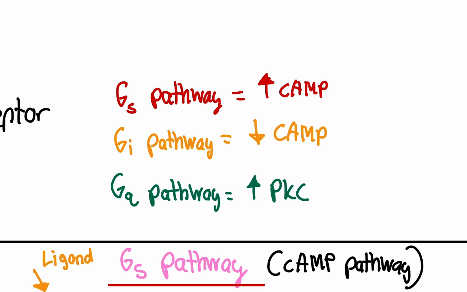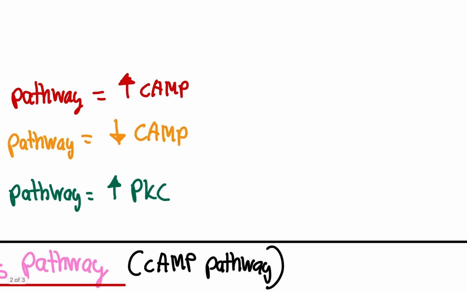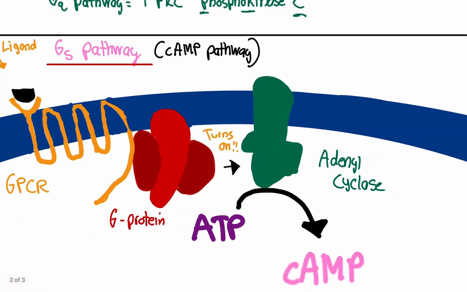The Gq pathway increases PKC levels. PKC stands for protein kinase C, and I'll go over it in a later video. It's another kinase, so you can imagine what we're going to do. We're going to be phosphorylating things with this kinase.